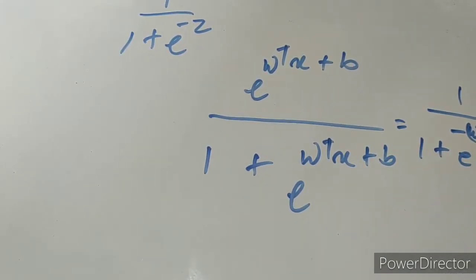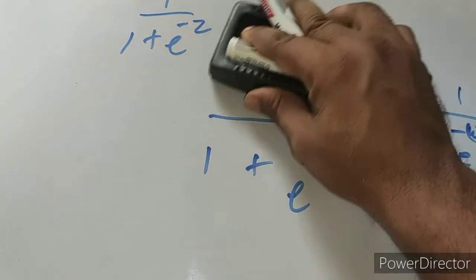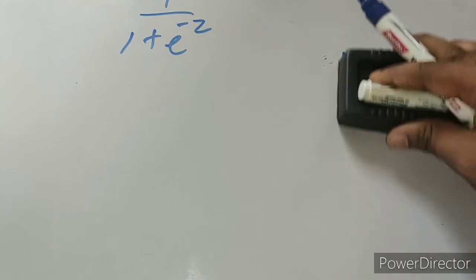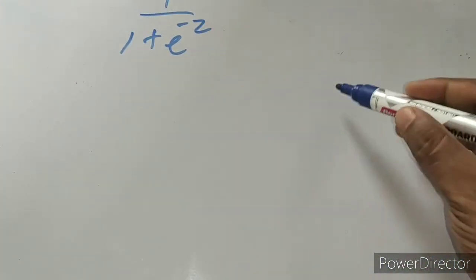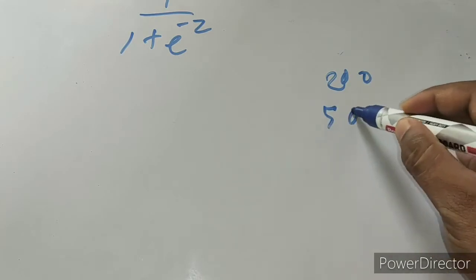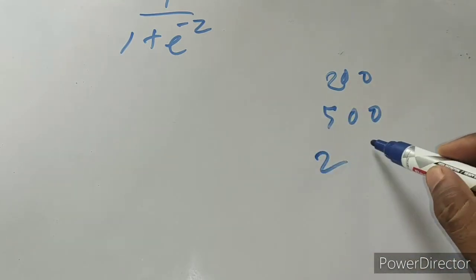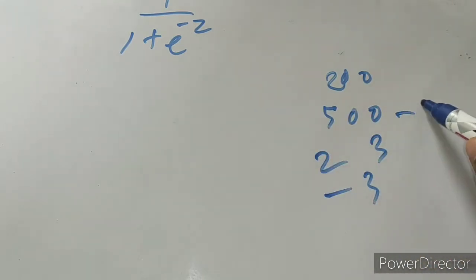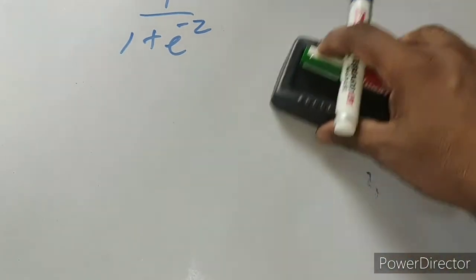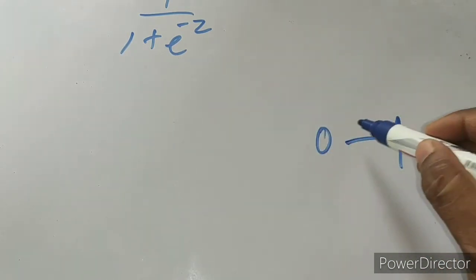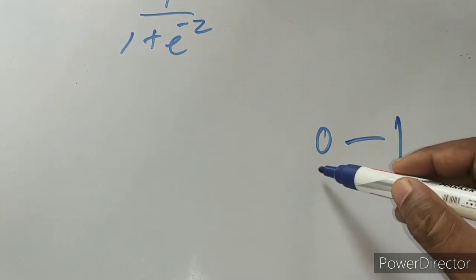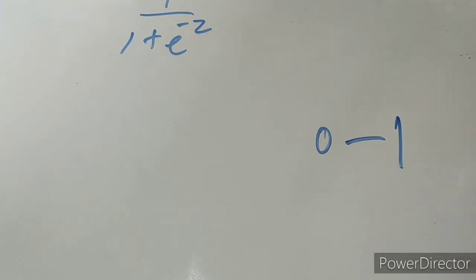What this sigmoid function does is turn the value to between 0 and 1. It means whatever the value is, if it is 200, 500, 2, 3, minus 4, whatever, it will be turned between 0 and 1. There is no value less than 0 and no value more than 1.